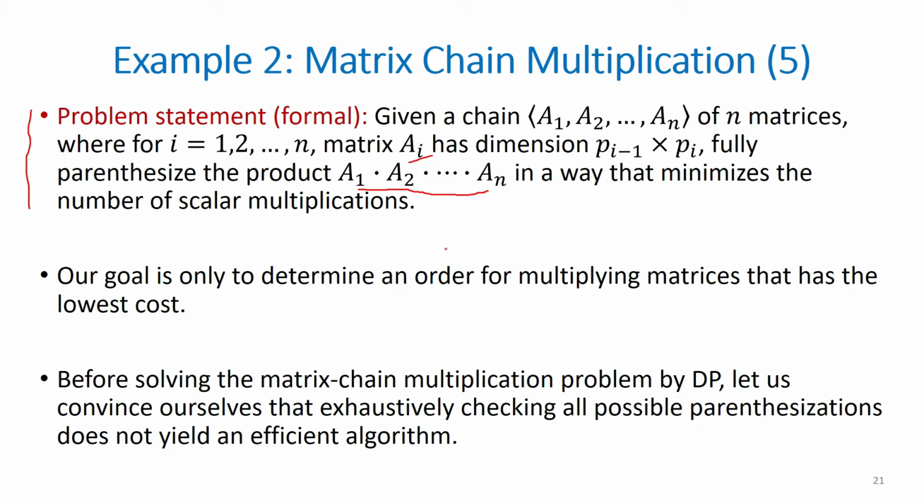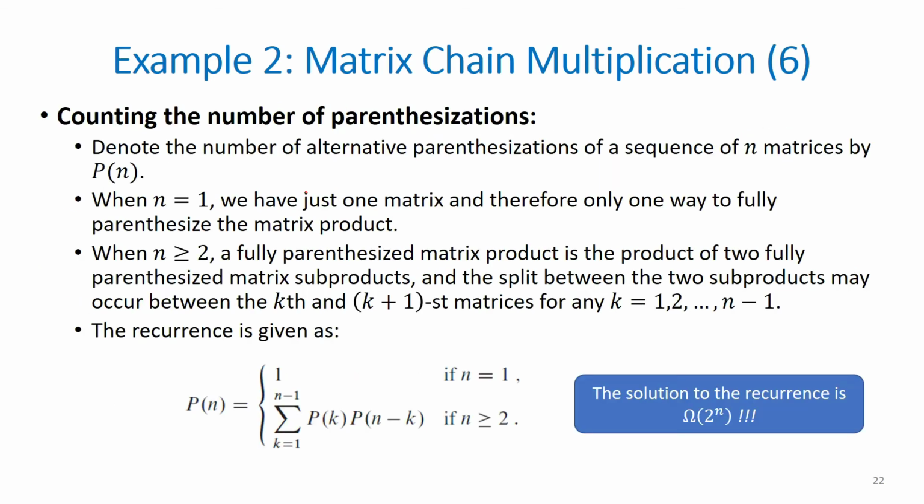Before looking at the DP solution to this problem, let us see what happens if we exhaustively check all possible parenthesizations. To do it the exhaustive way, we begin by counting the number of parenthesizations for a chain of n matrices. Let's denote this number by P of n.